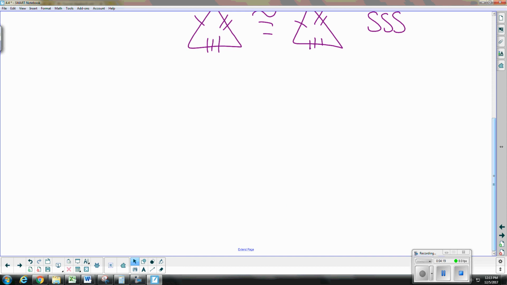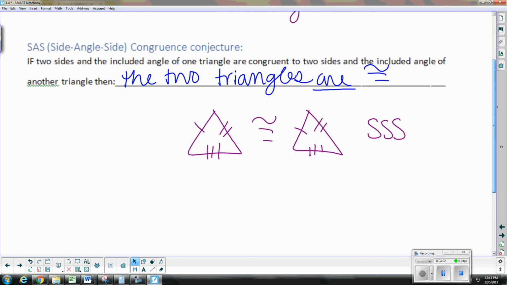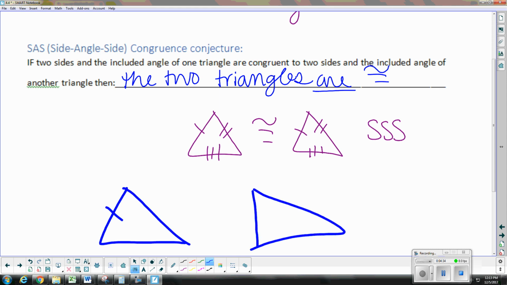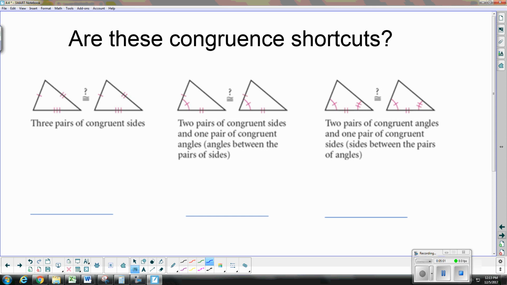For this shortcut, side angle side, we've got two sides and the included angle. So this side would be congruent to this side, this side would be congruent to this side, and then the included angle, meaning the angle between those two sides, would be congruent. If you have that, those triangles are always going to be congruent by this shortcut, side angle side.